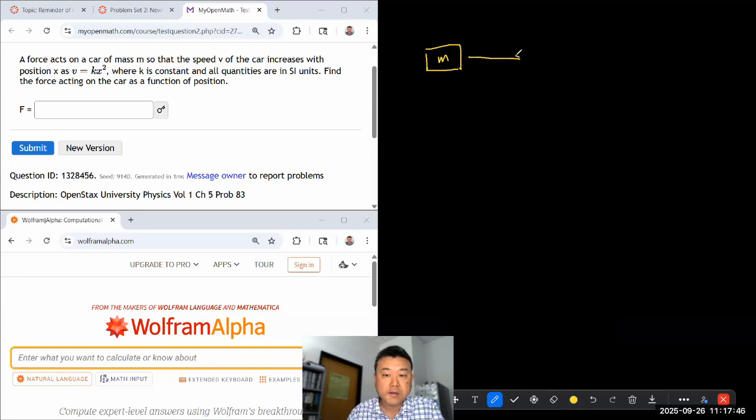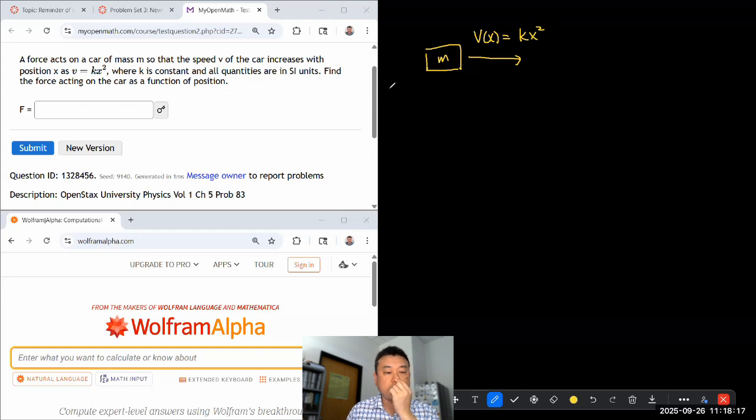So they are giving us a speed as a function of position, and it's saying it's going to be kx squared. Interesting. So I don't think I'll be using standard strategy here, and this is a little bit before we formally cover standard strategy. I think I'm using calculus, probably, where k is constant and all quantities are in SI units. Okay, find the force acting on the car as a function of position.